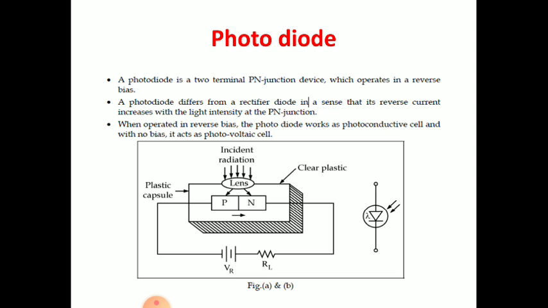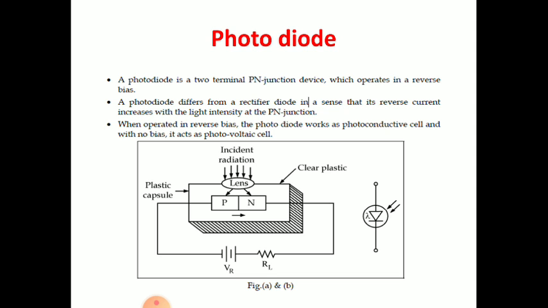because of that solar energy. But in the case of a photodiode in reverse bias, if we apply the voltage and the light intensity is made to point on the junction, then it will function as a photoconductive cell. Current will flow in the diode in reverse bias because of the applied voltage and the light intensity.